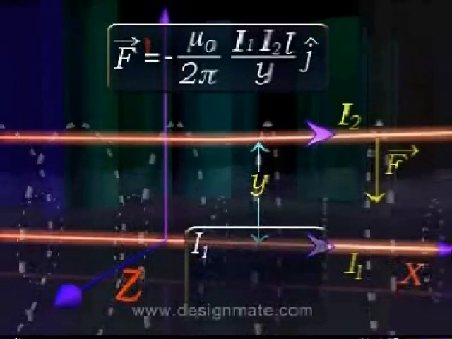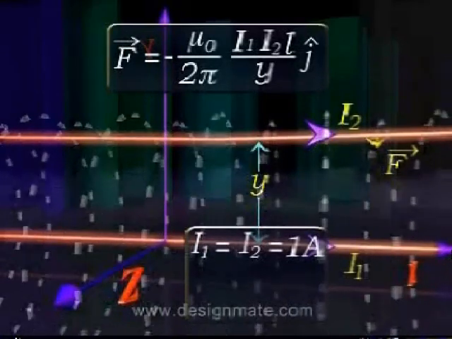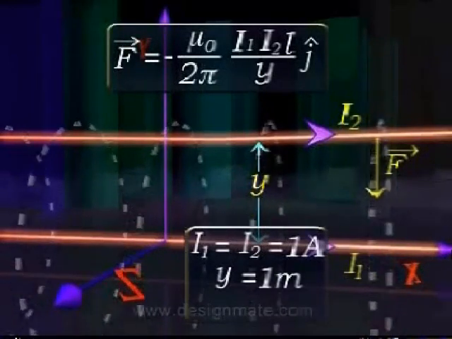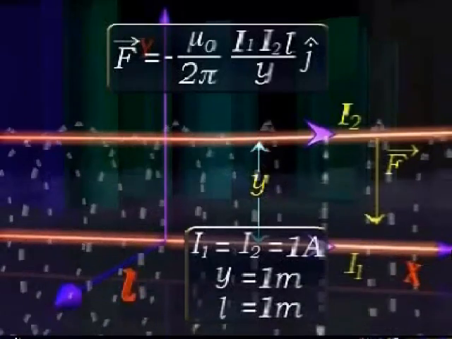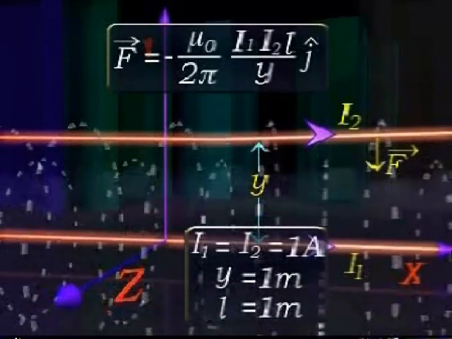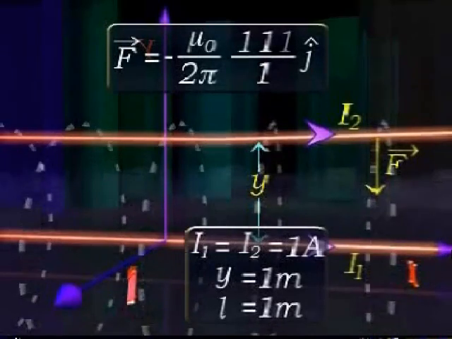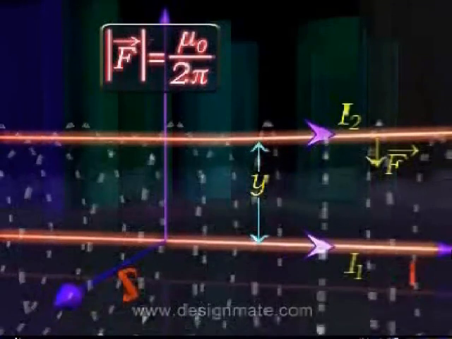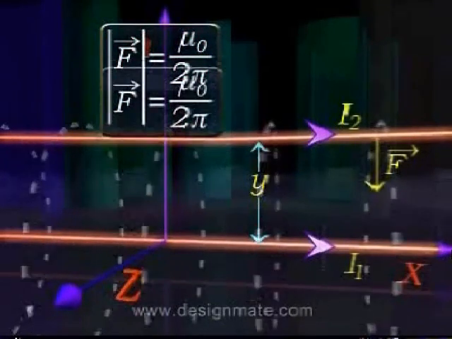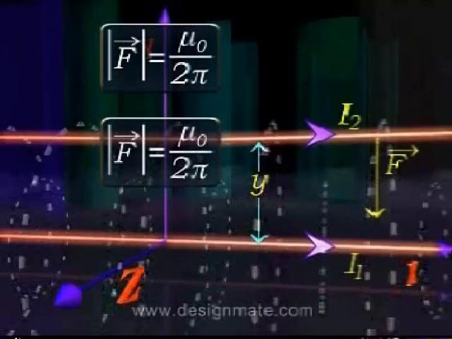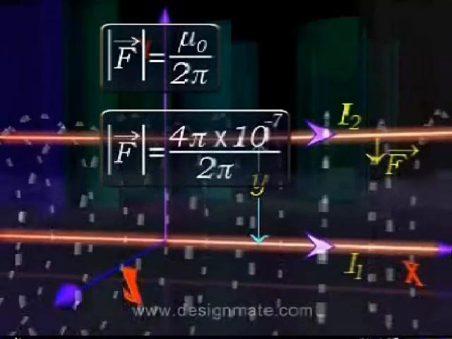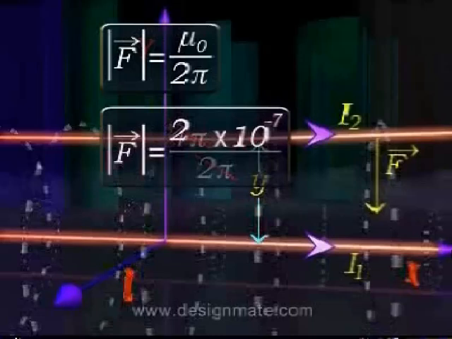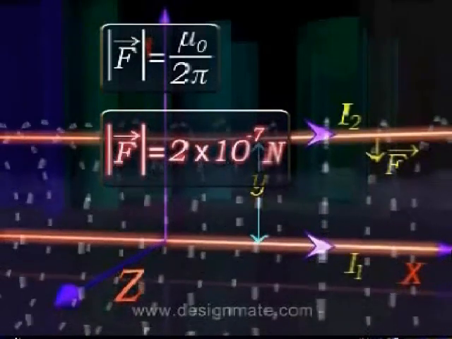If I1 is equal to I2 is equal to 1 A, and y is equal to 1 m, then the force acting on 1 meter length of the conducting wire is modulus of vector F is equal to mu 0 upon 2 pi, that is equal to 4 pi into 10 raised to minus 7 upon 2 pi, that is equal to 2 into 10 raised to minus 7 Newton.